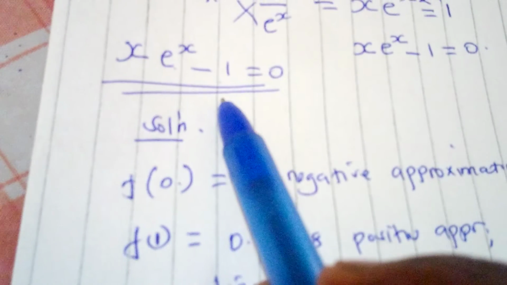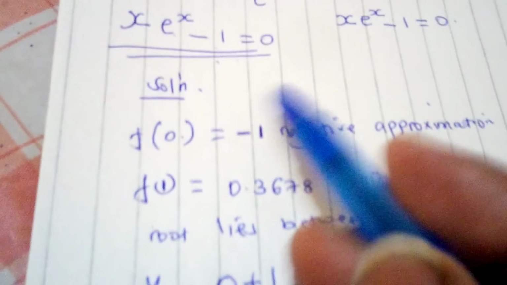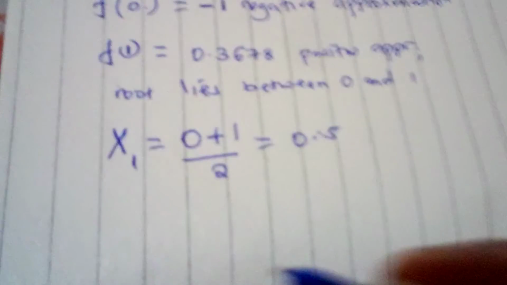We are going to replace 0.5 into our equation to find the next successive approximation, whether it is positive or negative.